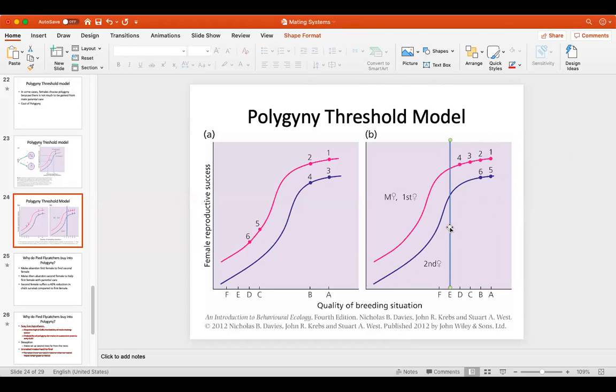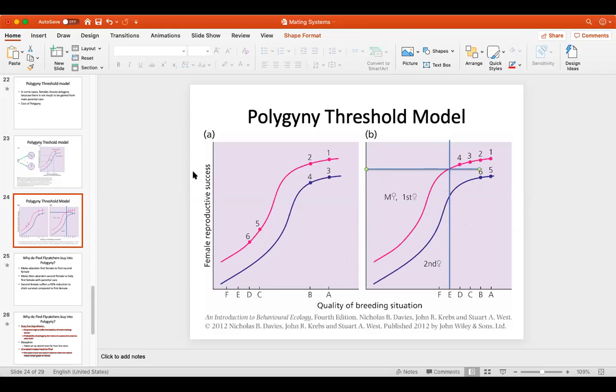And most of you figured out the ideal free distribution thing. Oh yeah, and they've drawn the figure incorrectly in your book. Because what you would do is you would turn this 90 degrees on its side, and you would put it where this intersects with that.